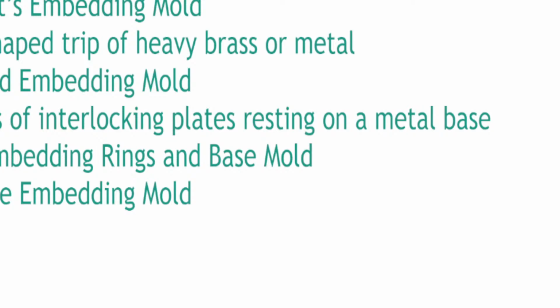Next, we have blocking molds. So we're talking about embedding now. The Leuckart embedding mold is the L-shaped strips and a heavy metal brass. Very traditional. It basically forms an L on each side, two L-shaped strips that can form like a rectangle. Then you place the tissue in the middle of that one, and then let the paraffin or the embedding media flow. You could use an embedding mold, which is the interlocking plates that will form a grid.